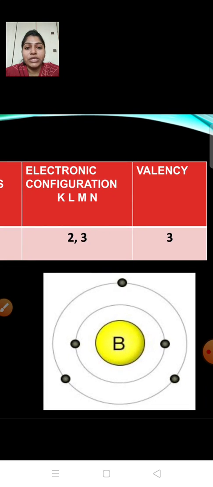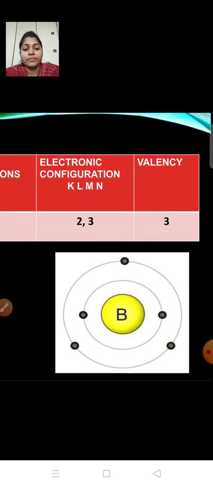Now to achieve stability, boron will lose those 3 electrons. So by losing 3 electrons, boron will achieve stability. So the valency of boron is 3.